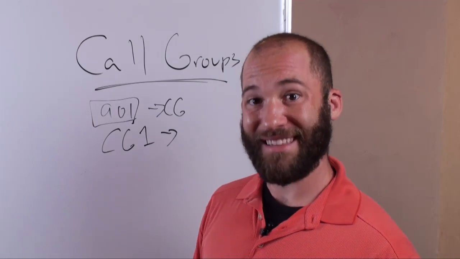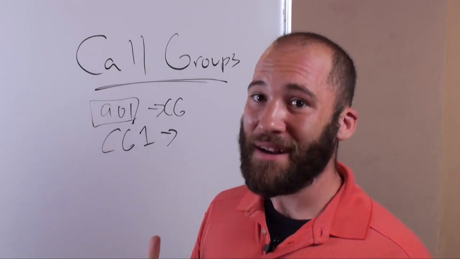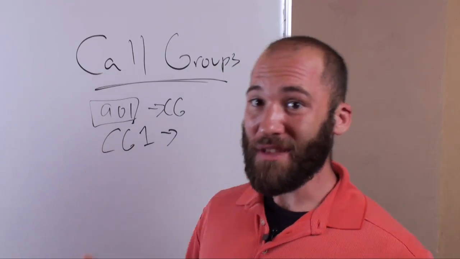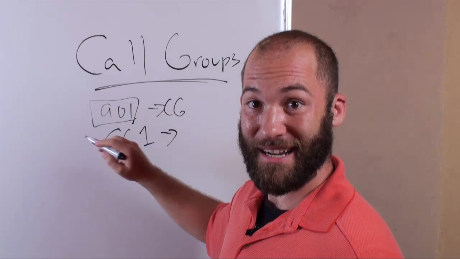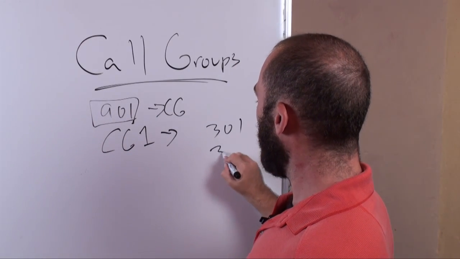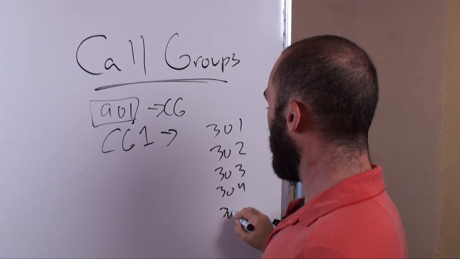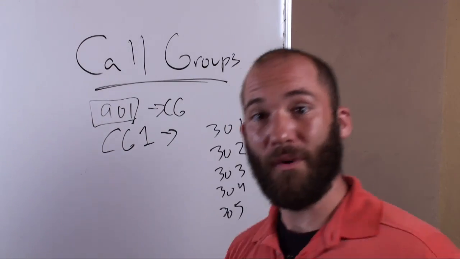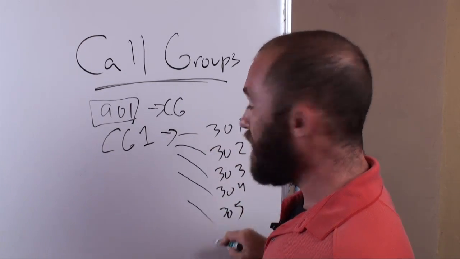So if you have a tech support department or sales, and you really want to be competitive with your sales force, screw the hunt group, do a call group. Because every time a call comes into 901, every extension, so 301, 302, 303, 304, 305, 3020, whatever, every single extension will be rung at once.